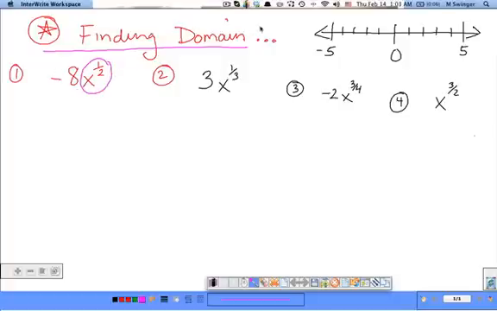What domain is, in simple terms, is, what could x be? When you think domain, you think of x. So what could x be right here? That's what domain means. What could x be? So could x be any number? Yes, no? I like to look at a number line to figure this out.